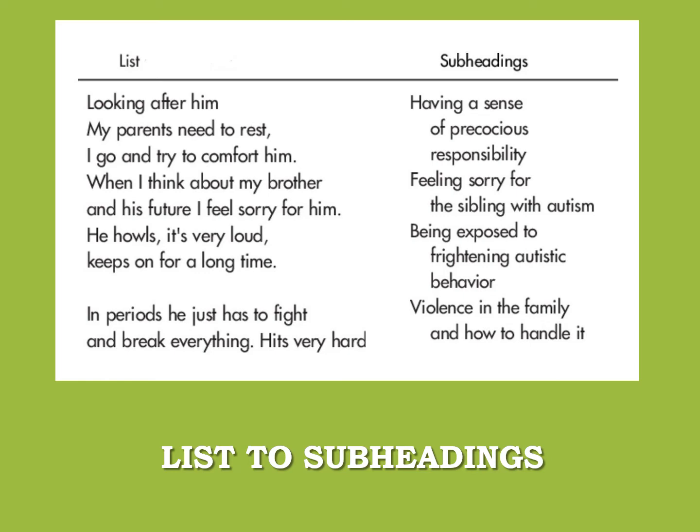Looking after him, how tough that is. My parents need to rest. I try to comfort him. When I think about my brother and his future, I feel sorry for him. He howls, it's very loud. He keeps on for a long time when he does it. There's some periods when he just has to fight and he breaks everything and he hits us and he hits very hard.